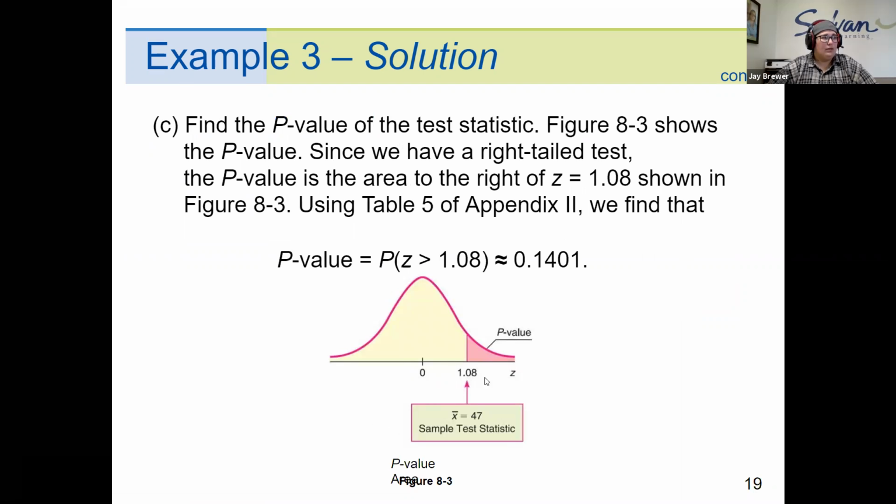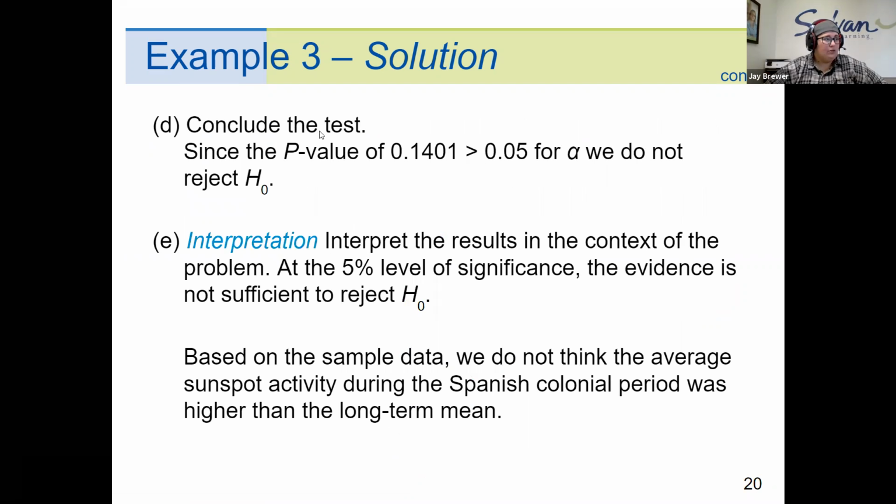Okay, there's the drawing. They went ahead and figured out their p-value already. So to conclude the test, since the p-value is 0.1401, which is greater than 0.05 for alpha, we do not reject the null hypothesis, H sub zero.